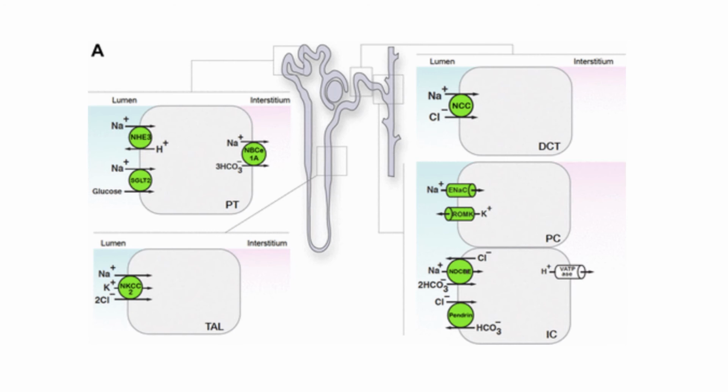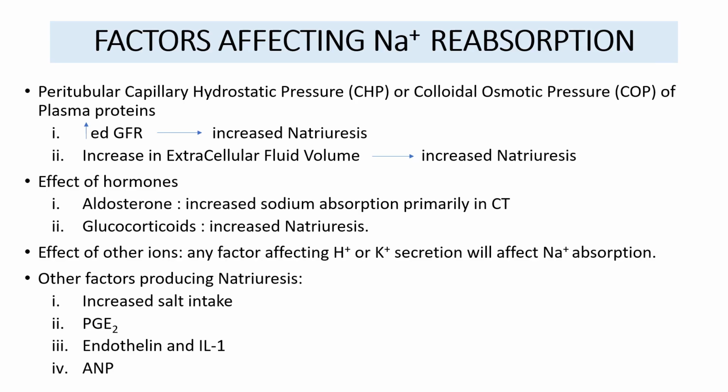So you have seen three processes present in sodium absorption. Secondary active transport is present. Secondary active transport means sodium is coupled with glucose and hydrogen, and sodium is coupled with glucose and other amino acids in the PCT.